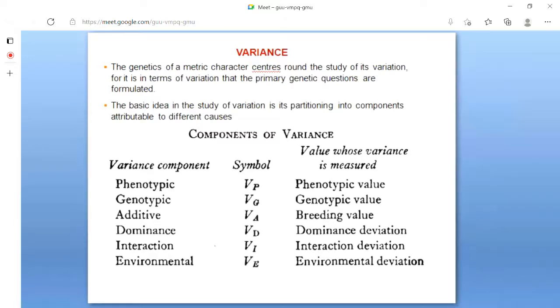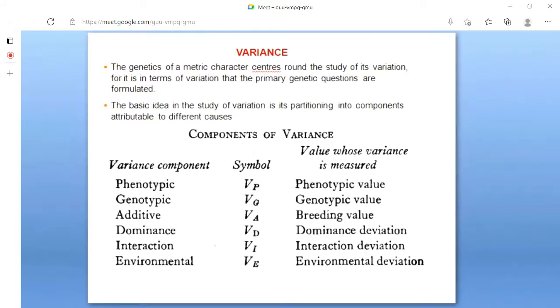As we know, the phenotypic value has different components: genotypic, environmental, and genotype-environment interaction. Those values we can express in terms of variance, that is, phenotypic variance instead of phenotypic value.